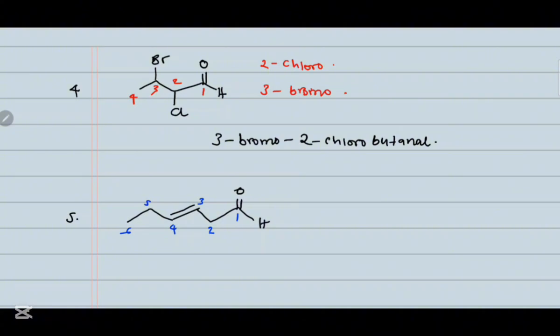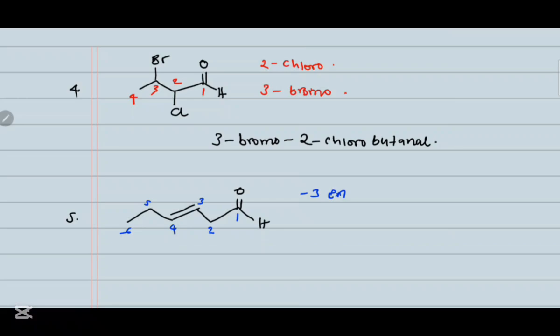Now let us check the position of the double bond. The double bond is on position 1, 2, 3. So position 3, that's where there is the ene.